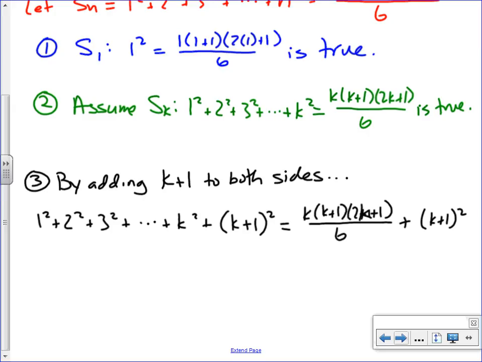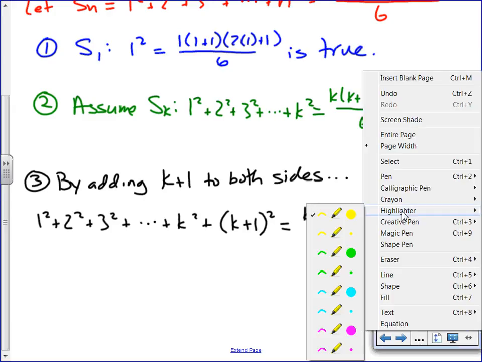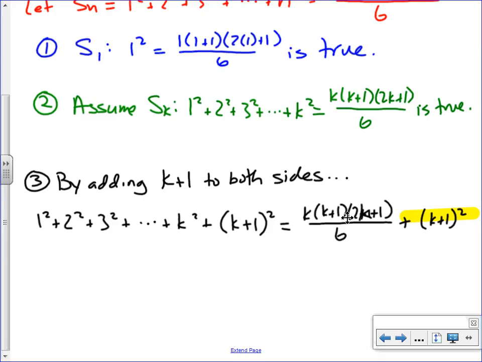Again, just add (k plus 1) squared to both sides. And you already did the pregame, so you know what you're supposed to get up to, right? So basically, you simplify that right side and get to that point. We're good.